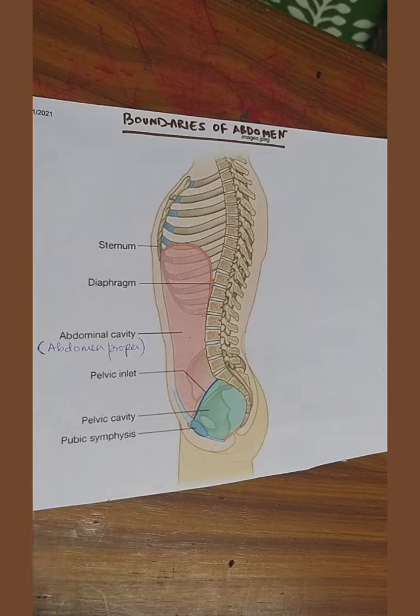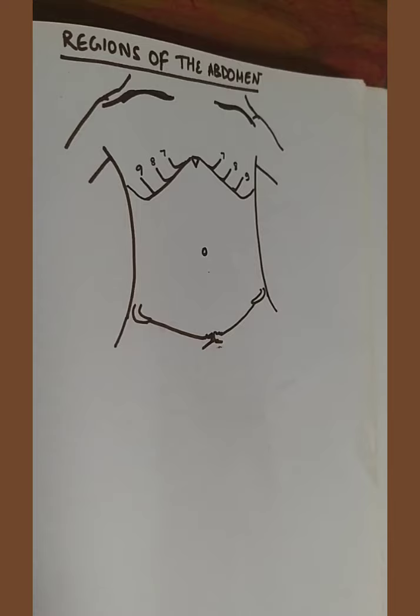Both these layers are continuous to enclose an enlarged potential space that is called the peritoneal cavity, and you are going to learn about them in the subsequent classes. Just to remember that in the male, the peritoneal cavity or the sac is a closed one, and in the female, the cavity is an open sac.